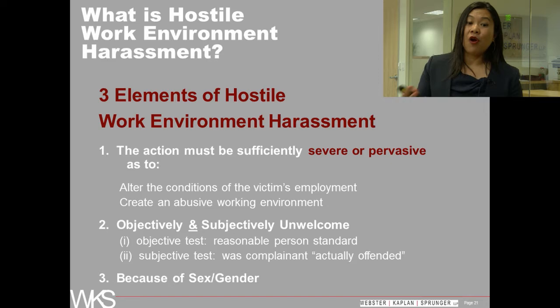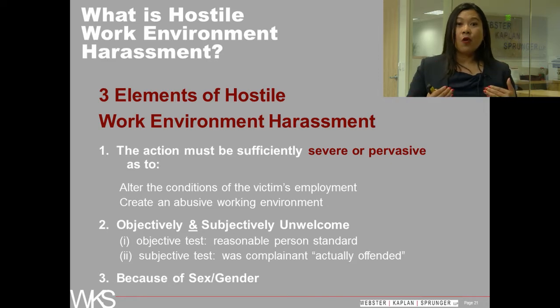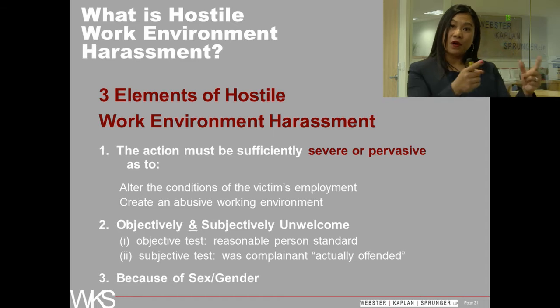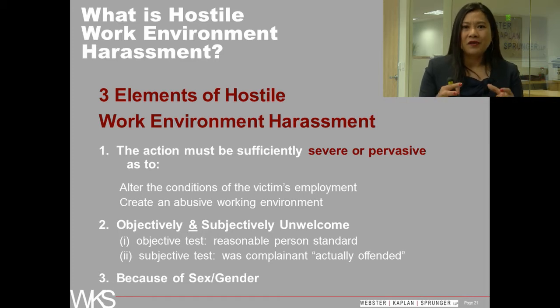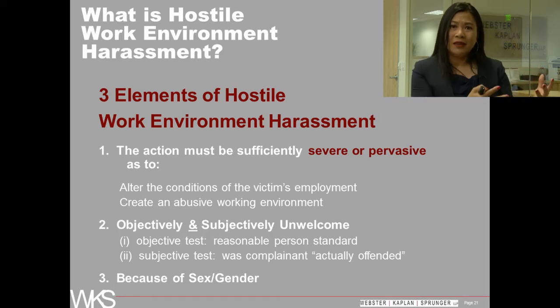If they're seeing it all the time, that coworker can complain, gosh, me having to sit behind this guy who's always watching pornography on the company website, company computer, is really creating an abusive working environment for me, and it's making me very uncomfortable to have to sit here and do my work in light of what I'm viewing right in front of me.